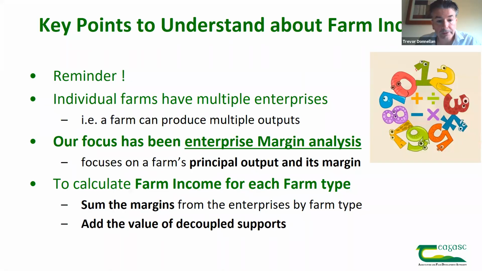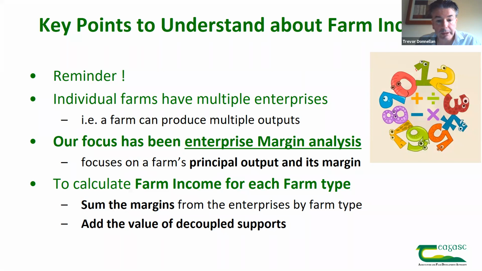So just a reminder in respect of the income figures we're looking at here, we're looking at income figures for individual farm systems, and each of these individual farm systems will have more than one enterprise typically on the farm.